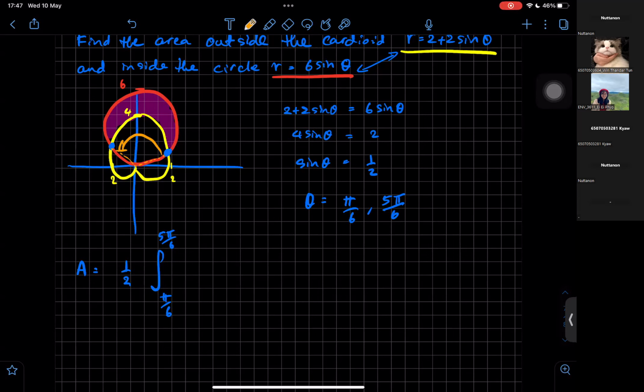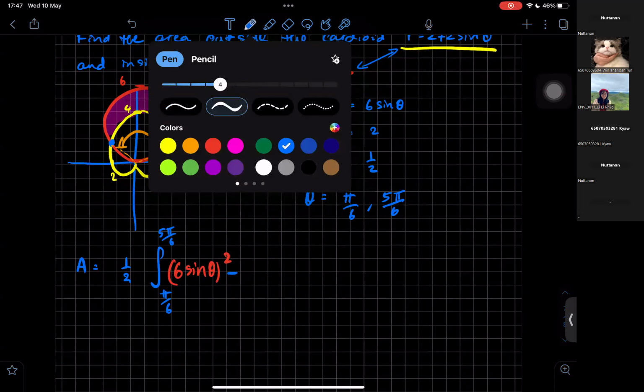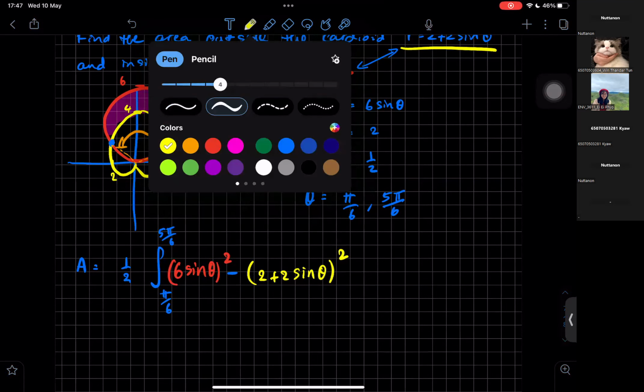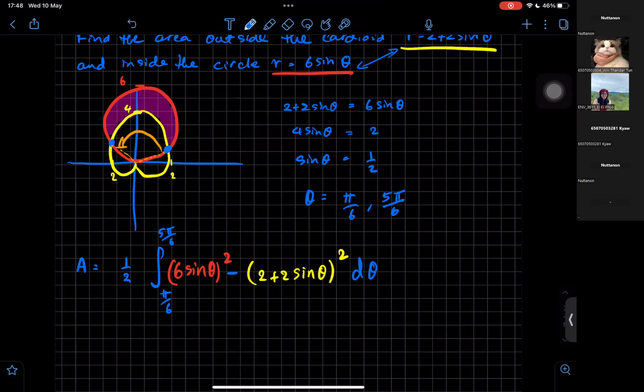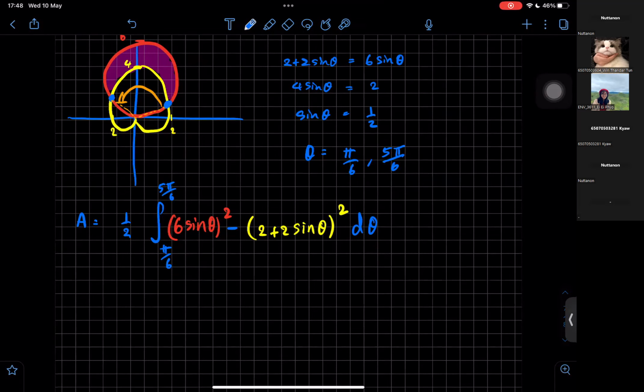The upper one will be 6 sine theta squared, minus 2 plus 2 sine theta squared, d theta. Okay, and you do the calculation.